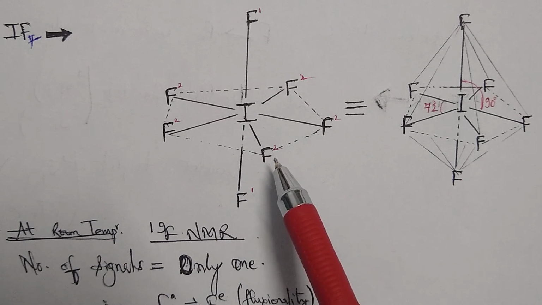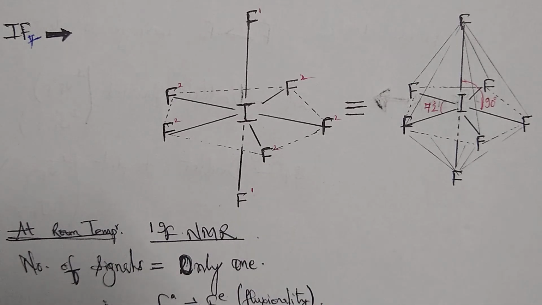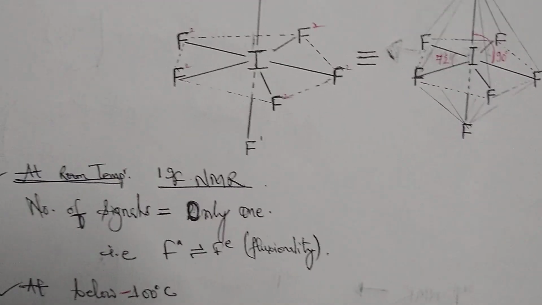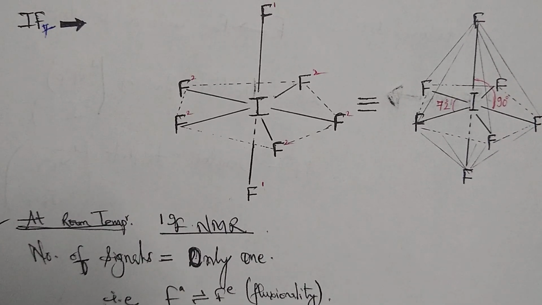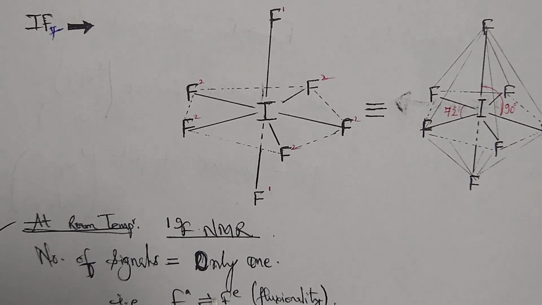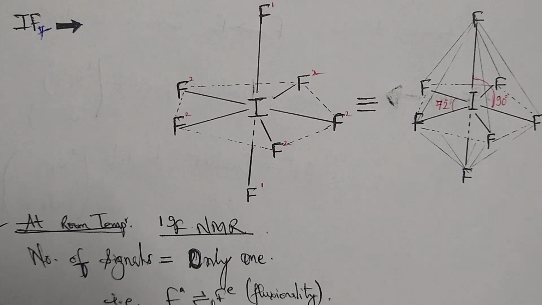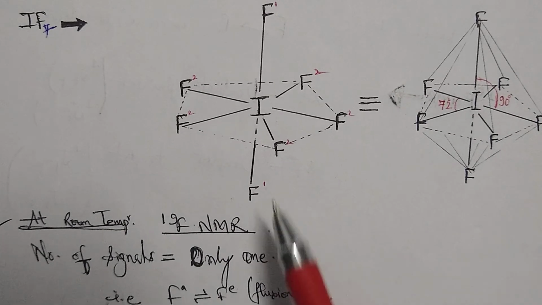So we are thinking that we will observe 2 signals in the 19F NMR for this molecule, but at room temperature, the axial and equatorial fluorine will be exchanging at a very fast rate. That is, we cannot observe which one is axial and which one is equatorial.